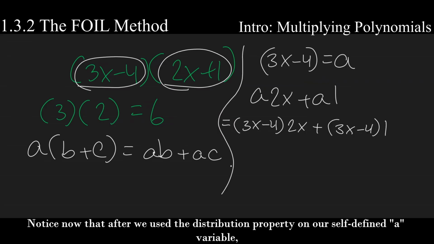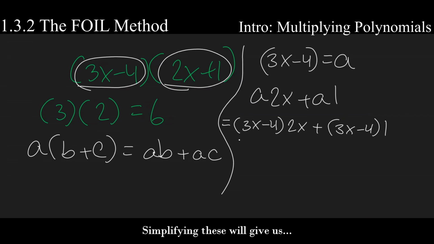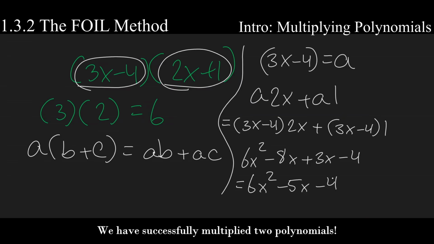Notice now that after we used the distribution property on our self-defined a variable, we have two more instances of the distribution property. Simplifying these will give us 6x squared minus 8x plus 3x minus 4, which simplifies to 6x squared minus 5x minus 4. We have successfully multiplied two polynomials.